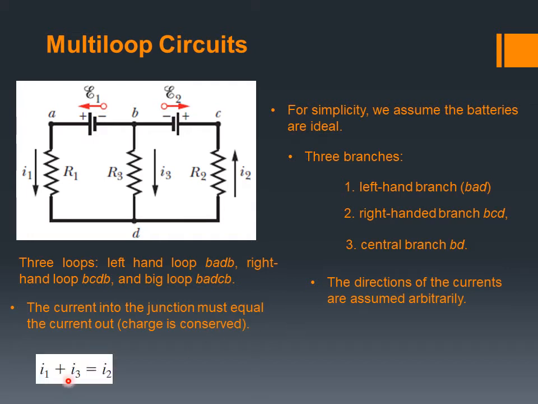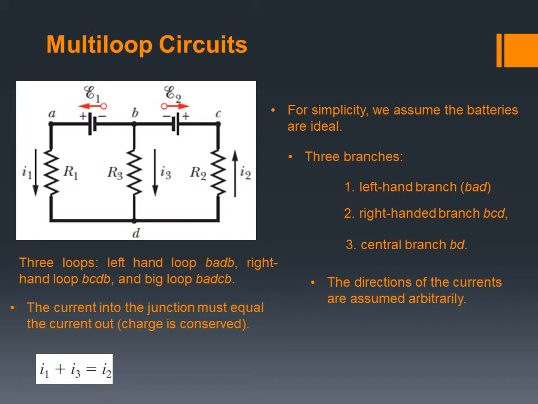So for D we can simply write, you see, that at this point D there are two currents which are entering. One is I1 and the other is I3. So I1 plus I3 is the total current entering at point D. And I2 is the outgoing current going out of this junction.